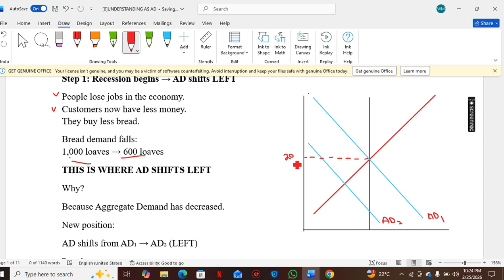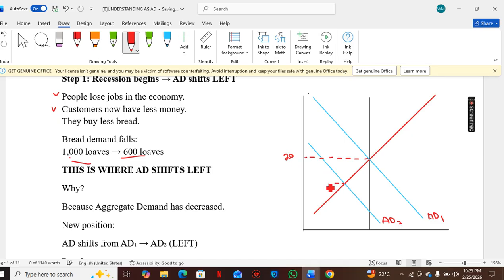So, colleagues, if you are this baker and you have seen people are spending less and demanding less, are you going to produce more bread or less bread? Less bread.